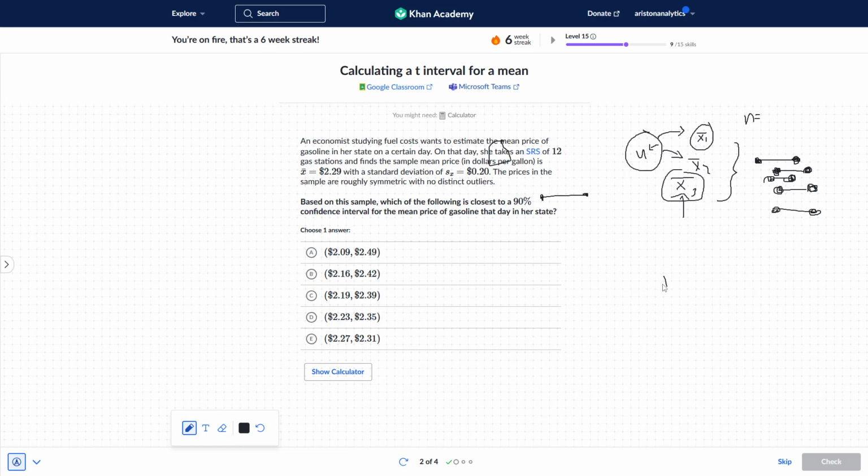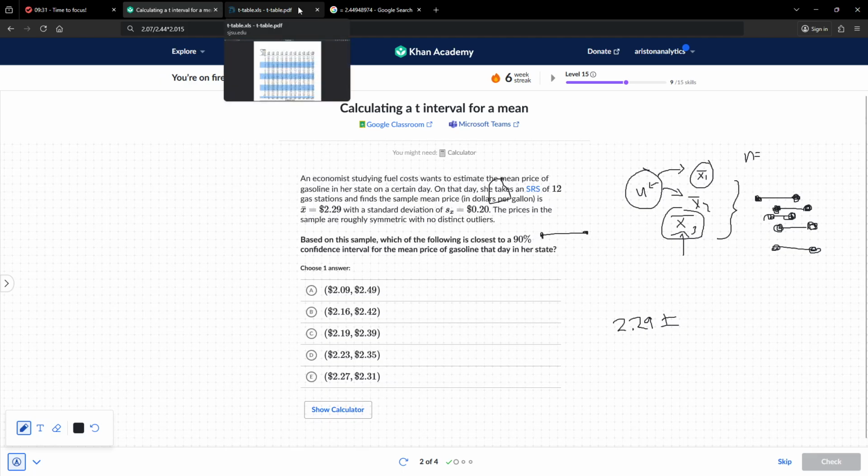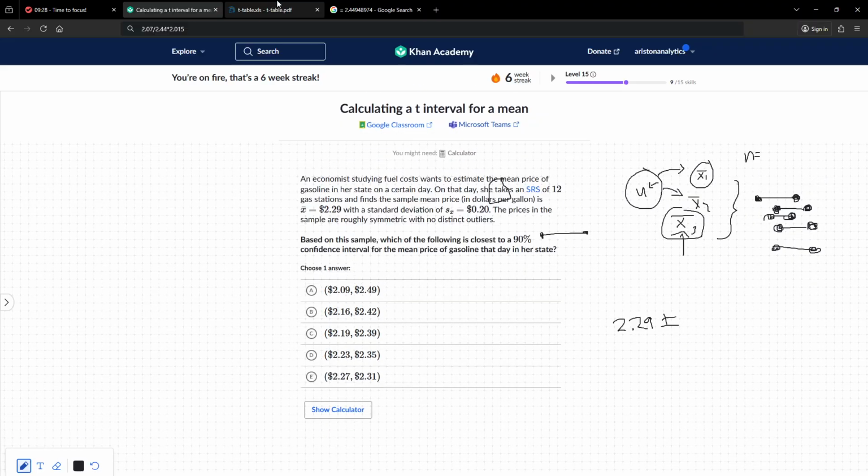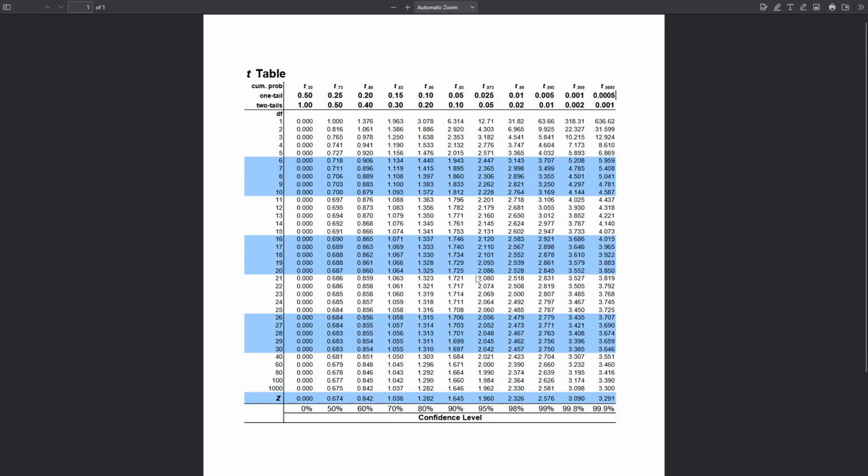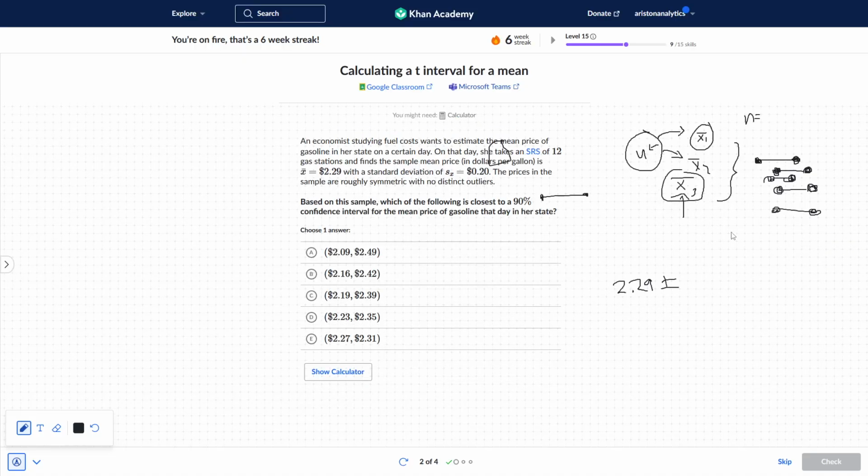It would be plus minus, the mean is 2.29, sample mean. I need to say sample or population mean because they mean 2 different things. Okay, plus minus 90%, degrees of freedom, 12 minus 1, 11, 90%, 1.796. Square root of 12.